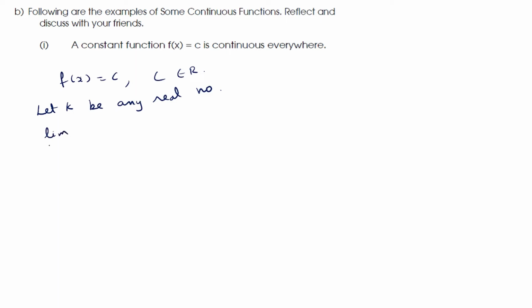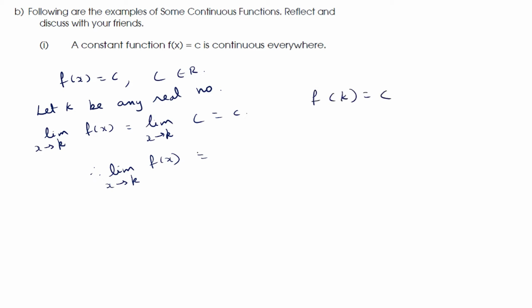Then limit x tends to k of f of x is equal to limit x tends to k of c, which is again equal to c. Therefore we can see that limit x tends to k of f of x and also f of k are equal to c.